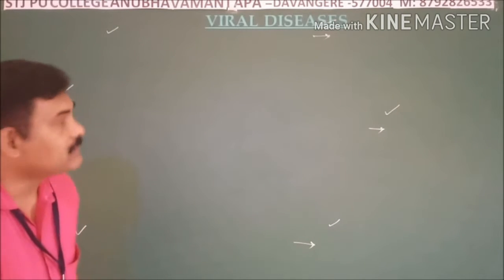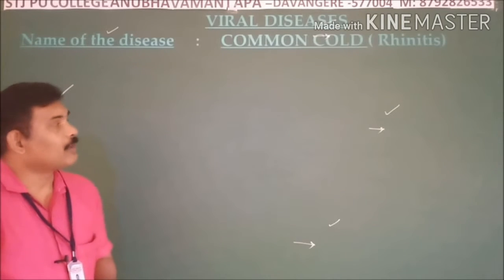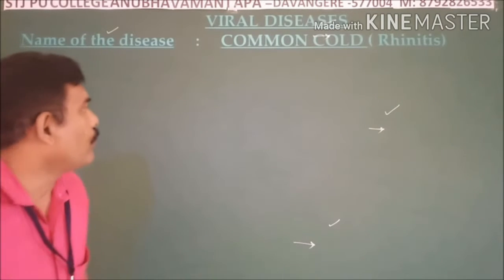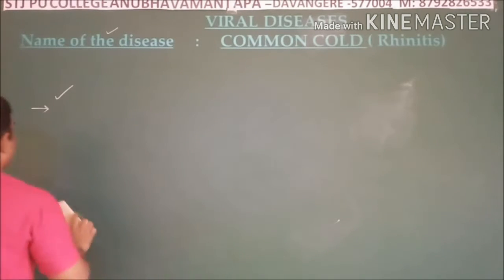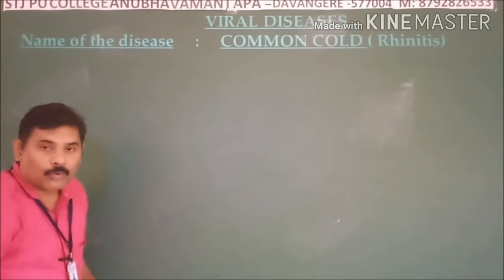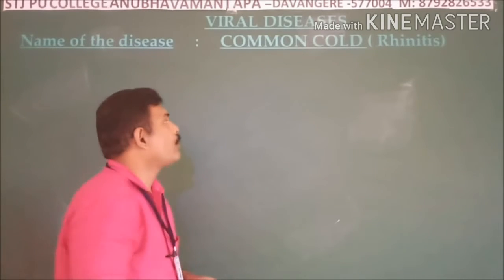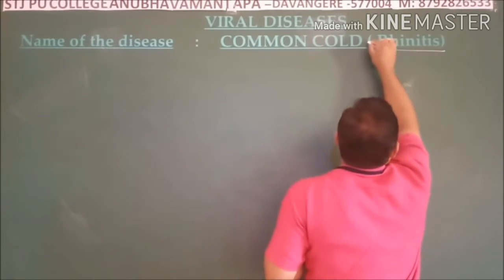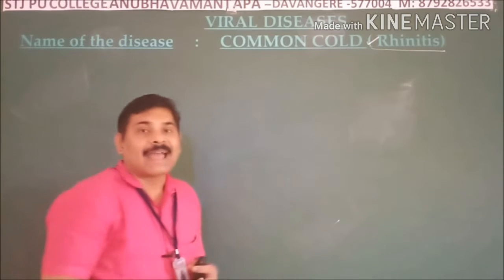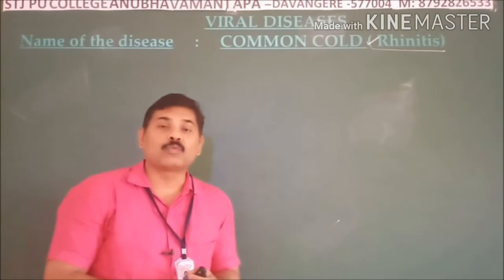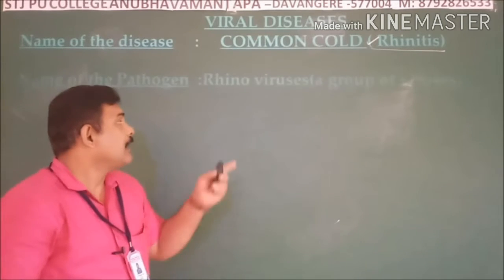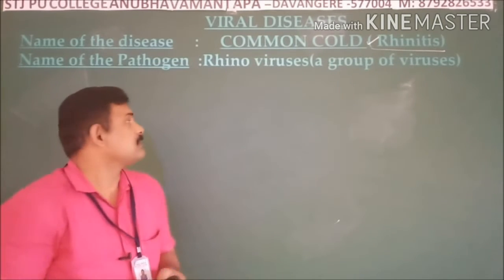Coming to the first important disease, the common cold. You all might have suffered from the common cold by this time. This common cold is technically known as rhinitis. The reason for calling it rhinitis is that it is caused by a group of viruses known as the rhino group of viruses.